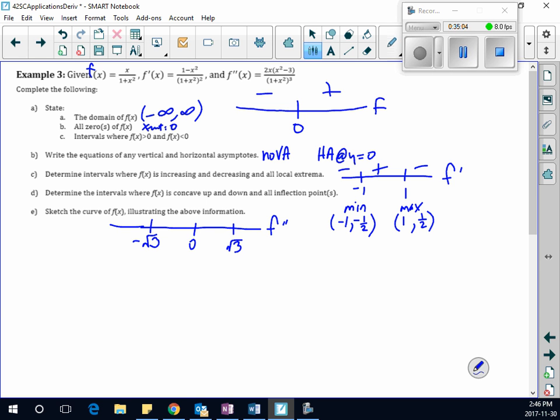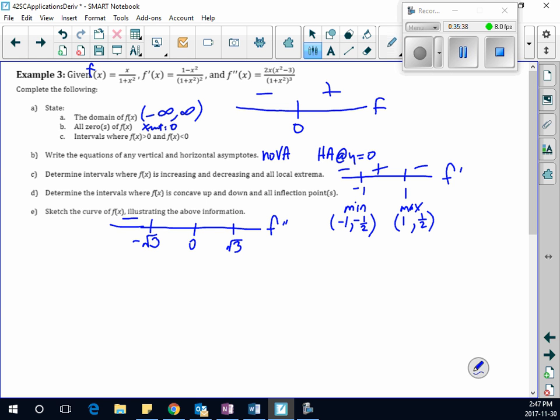Now we're going to go to the left of negative root 3. To be on the safe side, negative root 4 would be negative 2, right? So negative 2, you get negative, positive, and this is positive. So this is going to be negative, yes? Again, negative root 1 is just negative 1. So you can plug negative 1 in there. What do you get?